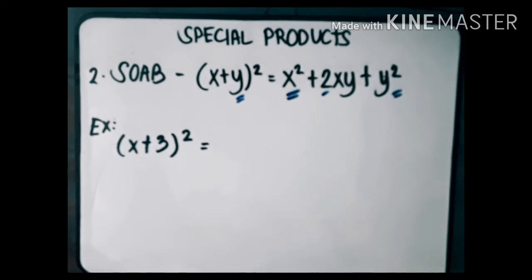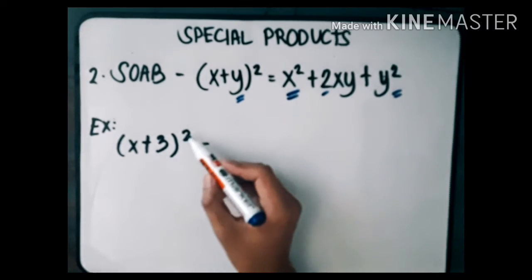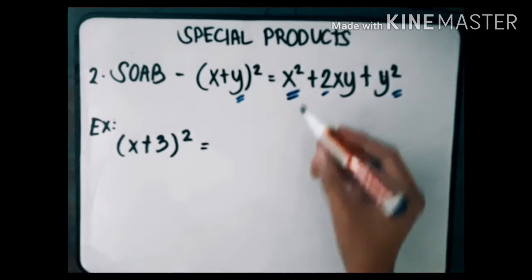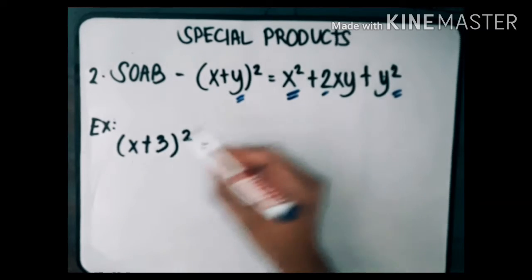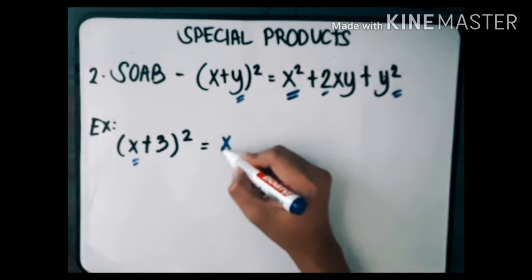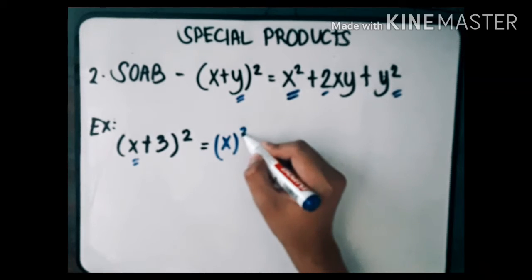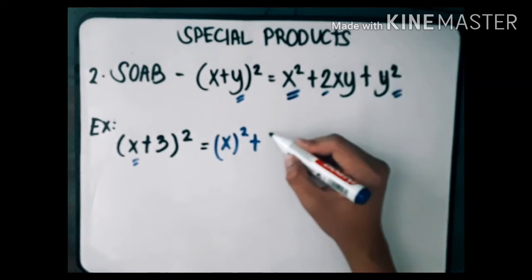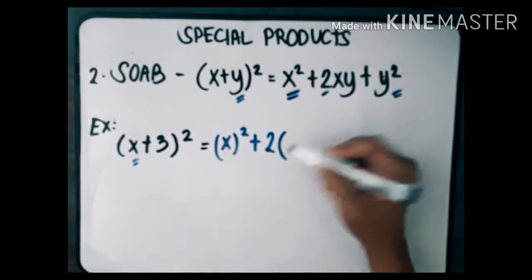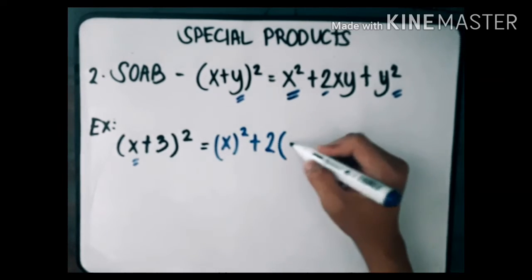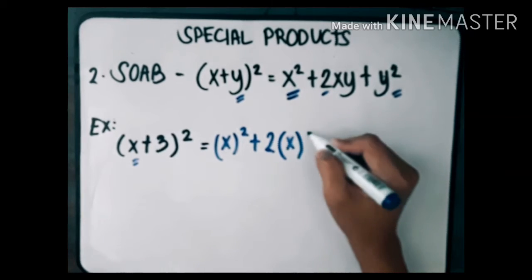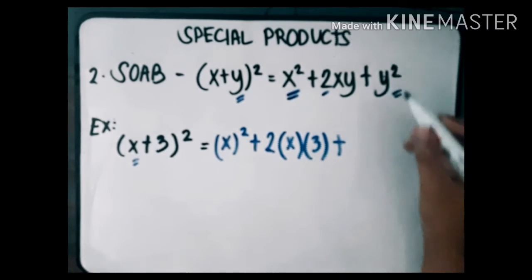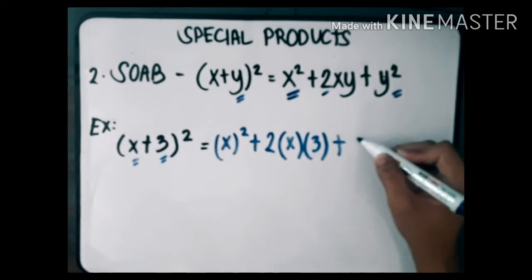For example, x plus 3 raised to 2 is equals, first, kunin natin yung square nung first term, which is yung x, square natin, plus twice the product of the first and second term, 2 multiply the product of x and 3, x and 3, plus the square of the second term, which is 3.